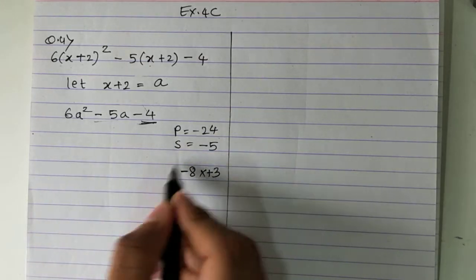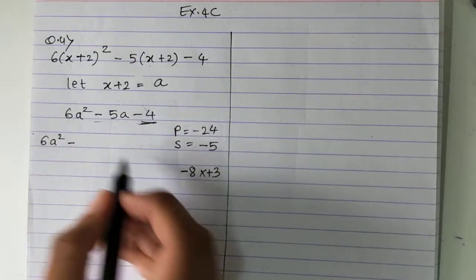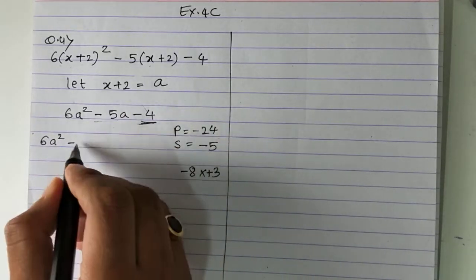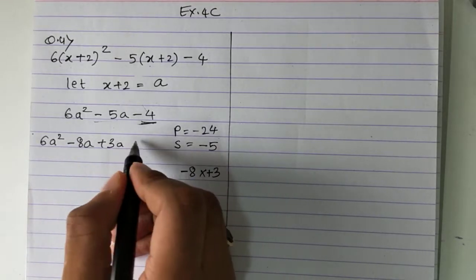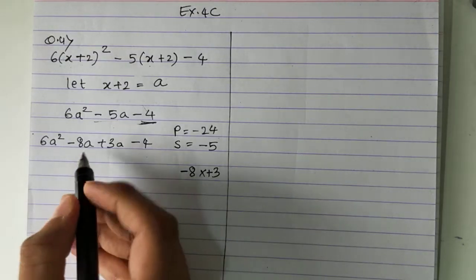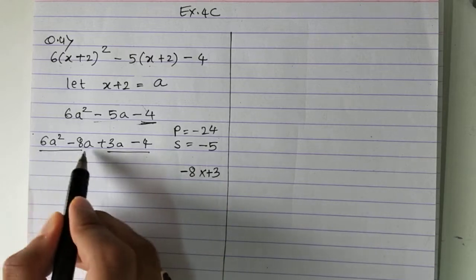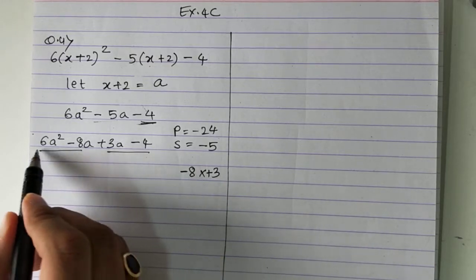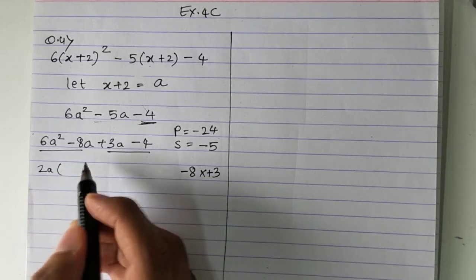So now we have the splitting. Let's apply the splitting here. Minus 5a will be written as minus 8a plus 3a minus 4. Then let's take common now. Here I can take 2 common and a also, so 2a will come common.